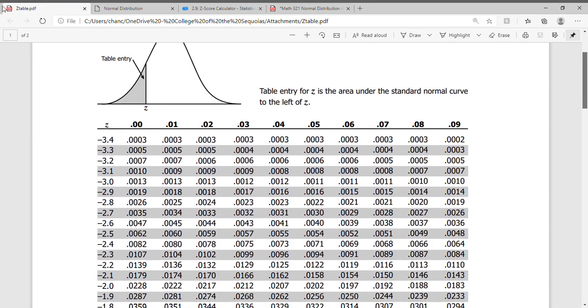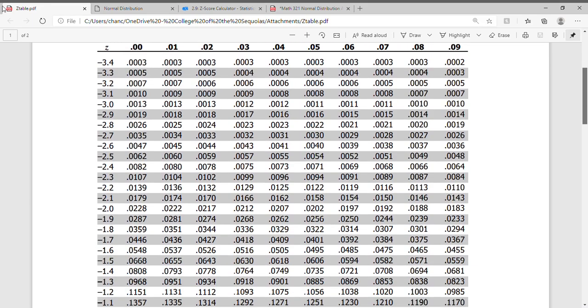I'll have to locate negative 2.2. Here is negative 2.2. So I have negative 2.2, and I want the second digit to be a 0. So this is negative 2.20, and so here is my area.